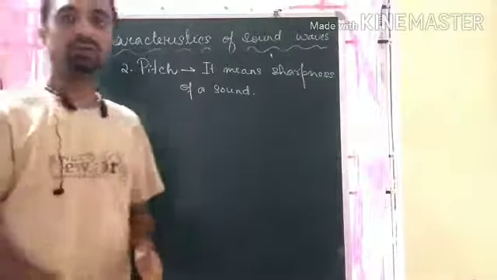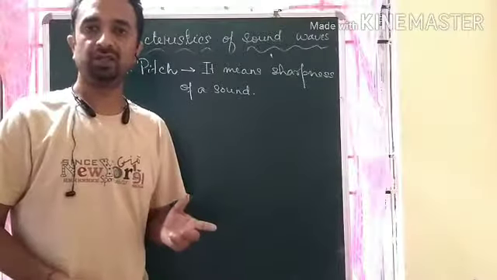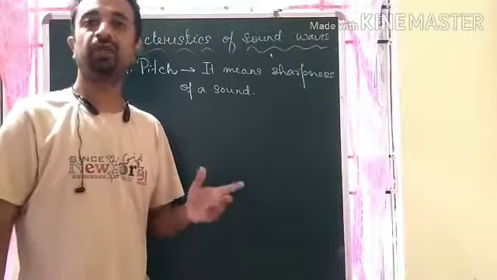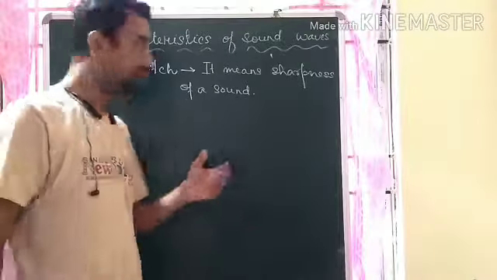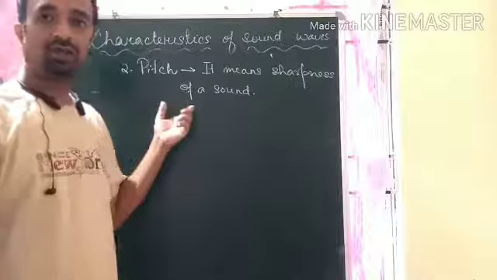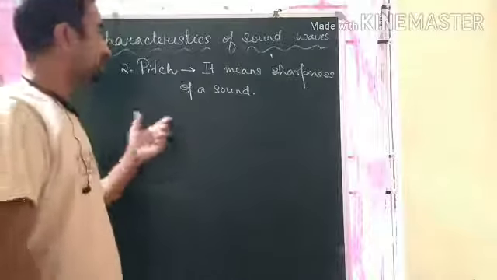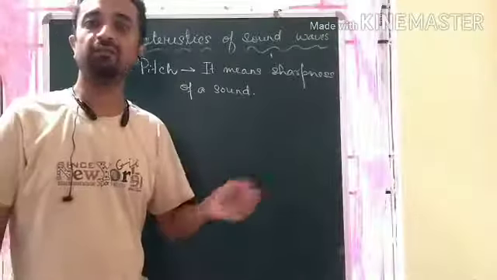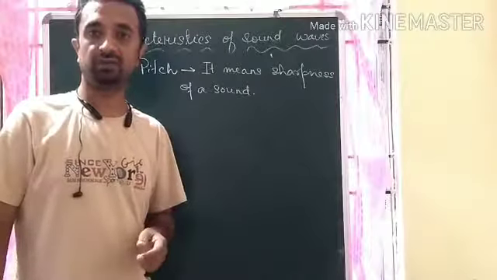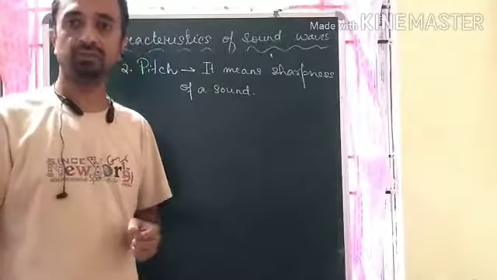A woman's voice is much sharper than a man's voice. That means the pitch of a woman's voice is greater than the pitch of a man's voice. That means it is more sharp.